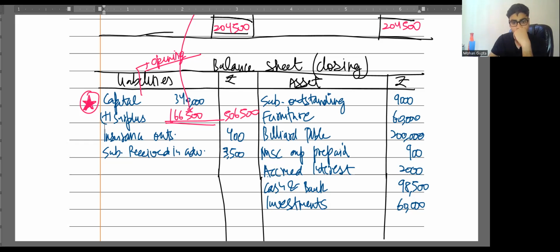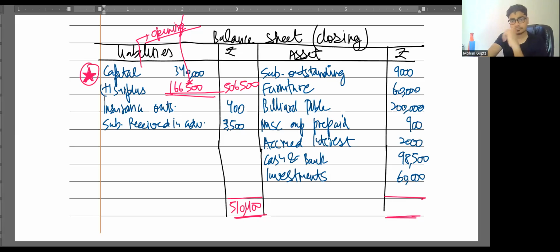That's the total of the liabilities. Let me find the asset side. Yeah, the asset side. It is coming very low, it's nowhere near 5 lakh. That's what I was thinking. It is 2 lakh, 3 lakh, 4 lakh, maximum 4, 5 lakh. Okay, just try to do that. 4,30,400. 430,400. Yeah.